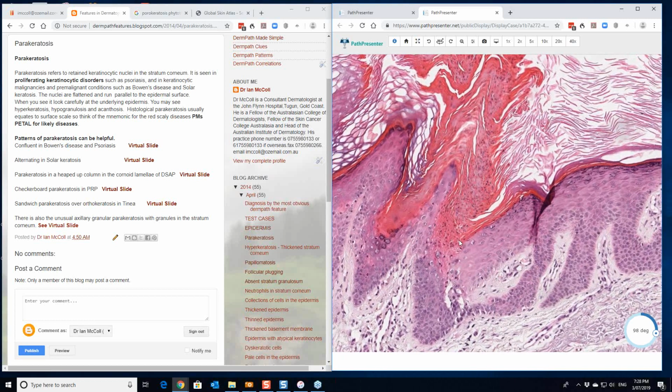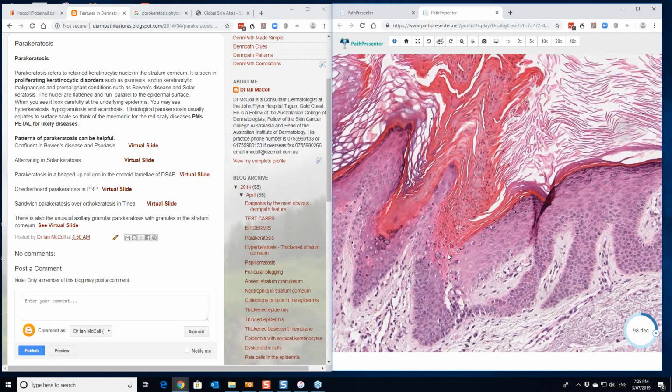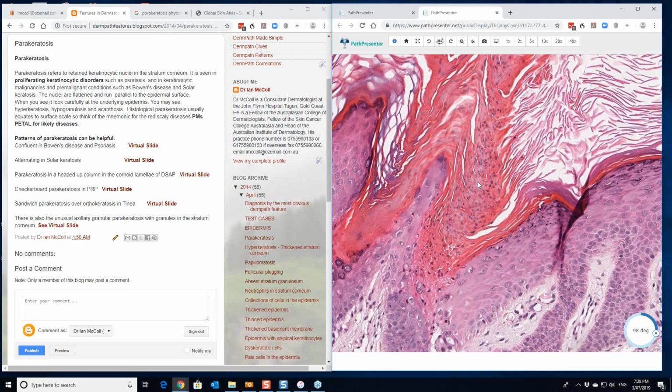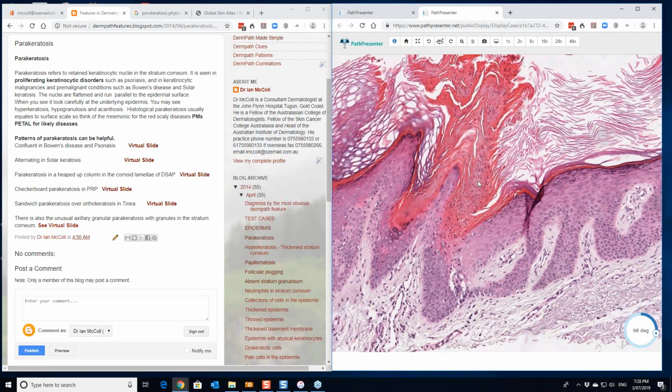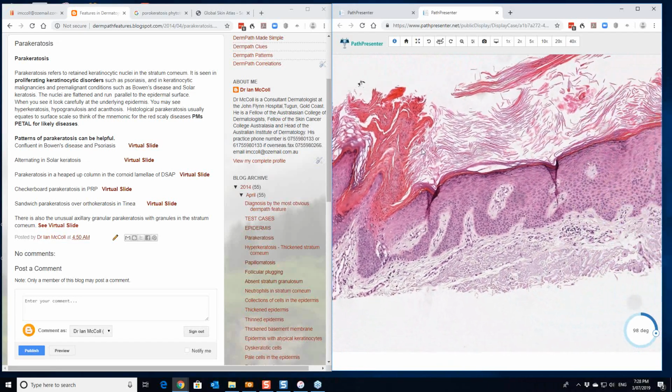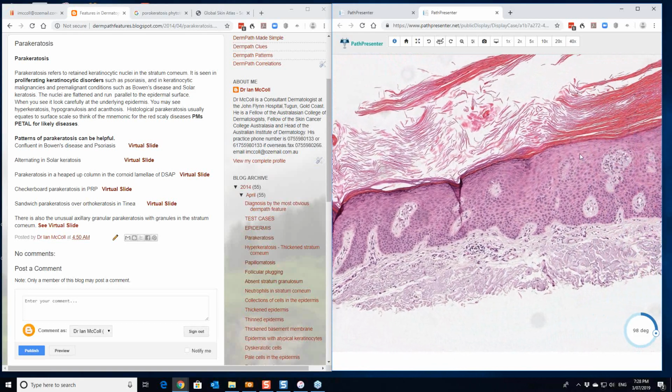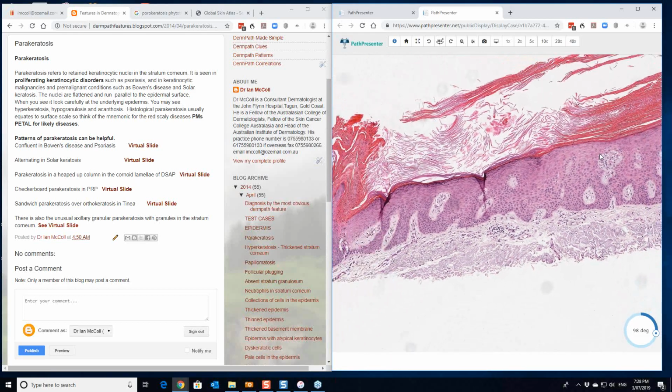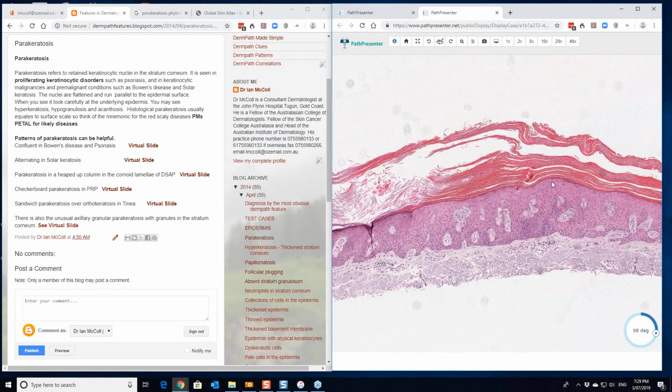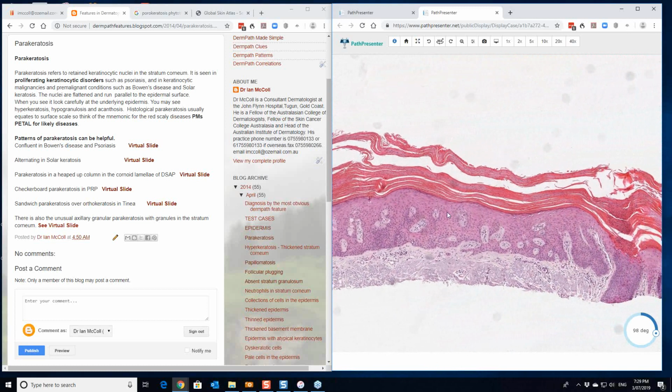You can see it running up from here, and usually there's loss of the stratum granulosum at the base of it as well, but that's your heaped up column of parakeratosis of a cornoid lamella pointing in the way. And this is a disseminated superficial actinic porokeratosis.